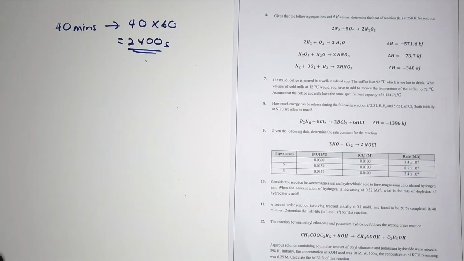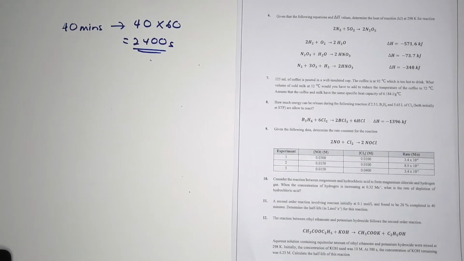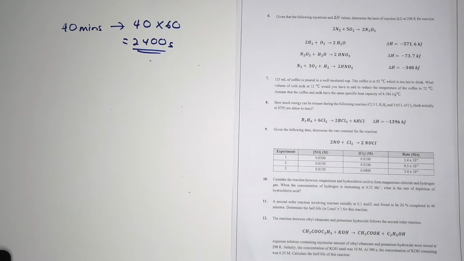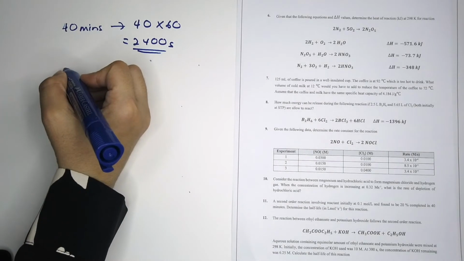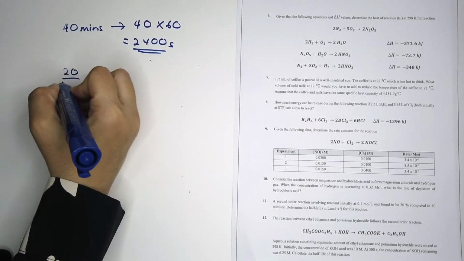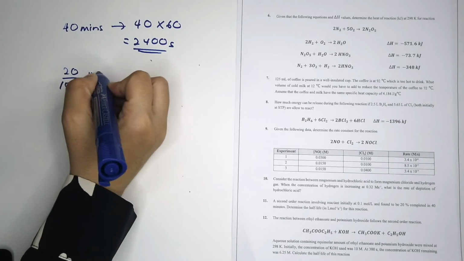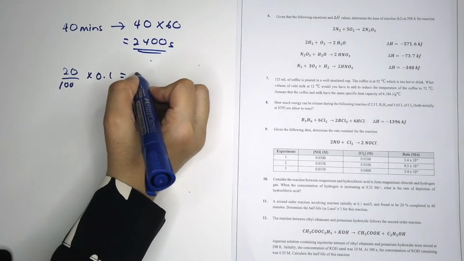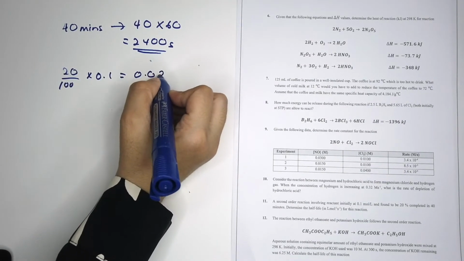Then it states here that it was 20% completed. In the question it states that after 40 minutes it was 20% completed, whereby the initial concentration is 0.1. So 20% from 0.1 is equivalent to 0.02.